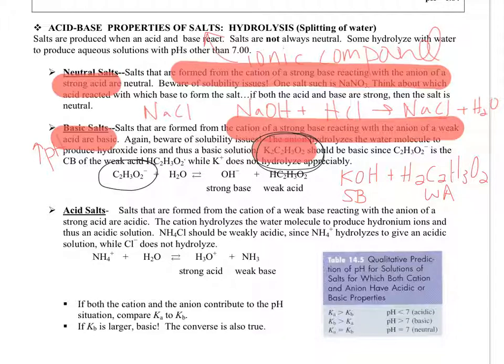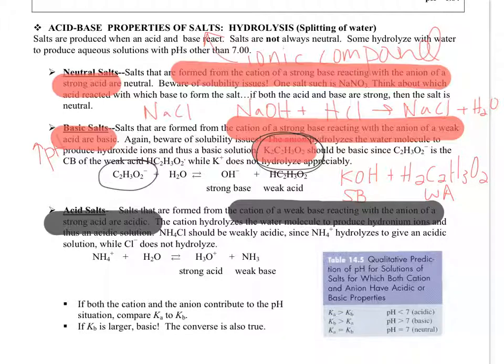If we have an acidic salt, that would be a salt from a weak base reacting with a strong acid. For example, NH4Cl. Well, the NH4 came from NH3, and the Cl came from HCl. So that's a weak base and a strong acid, so that salt would be acidic.